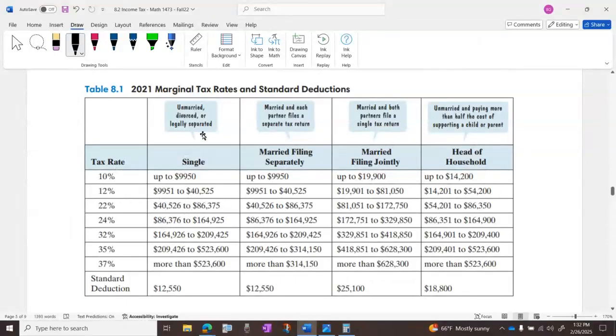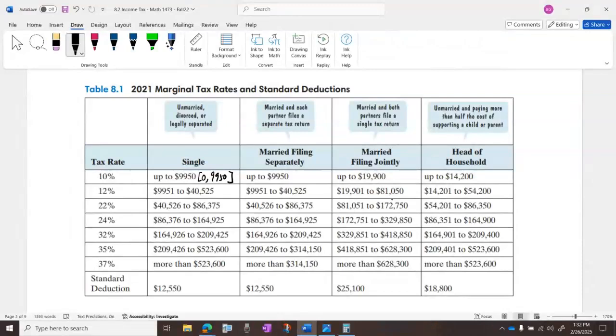Okay, let's look at the tax rate here. We have different tax rates and tax brackets. You must have heard about tax brackets, right? Let's use single as the example. The other categories are similar. Let's use single to understand the table. So the first tax bracket in this column is 0 to 9,950.